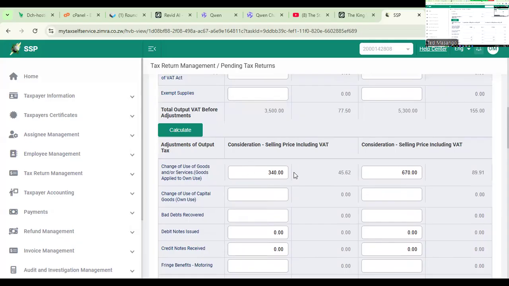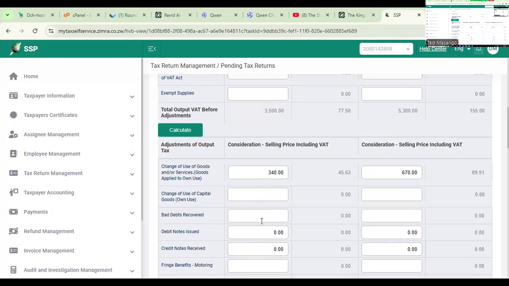So you see, change of goods for own use. You're putting in anything there. So this is not input aside. This is in addition to the output that we put up there.